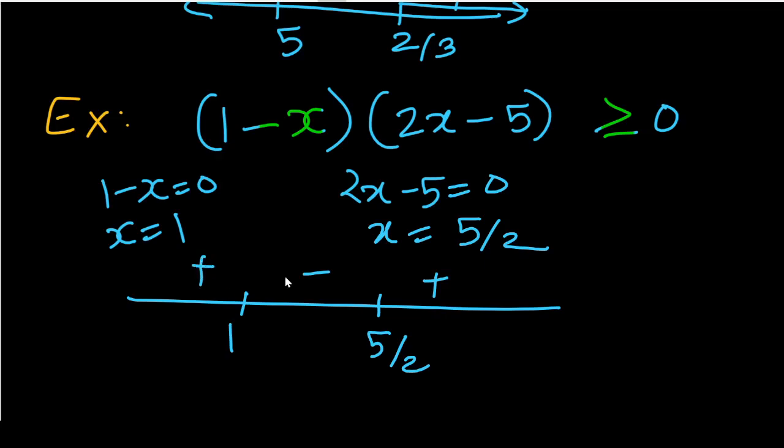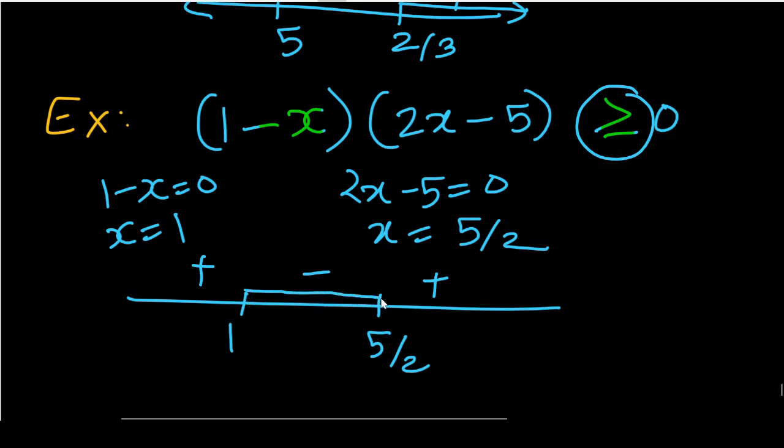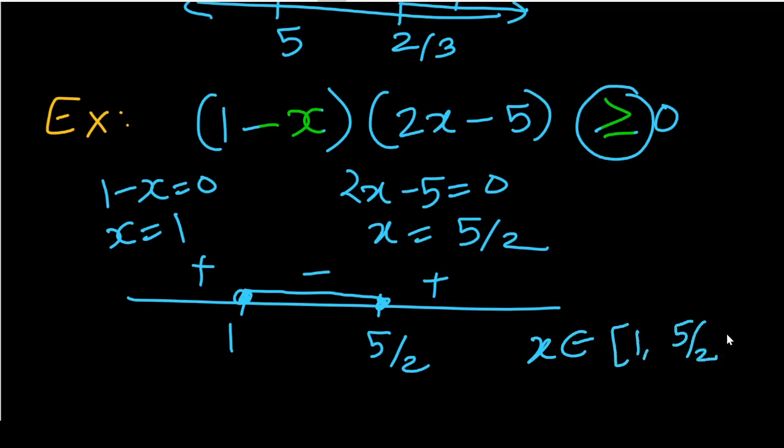Now instead of taking the plus sign, which the greater than asks for, we will take the opposite, minus, because one of the coefficients is negative. Since they are asking for equality, we will take 1 and 5 by 2 in the solution set. So the answer would be x belongs to [1, 5 by 2].